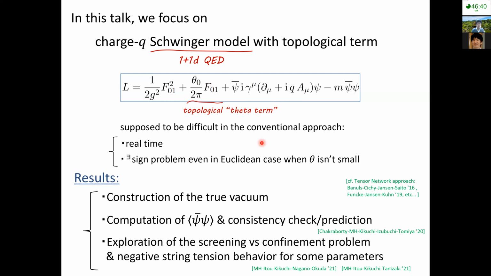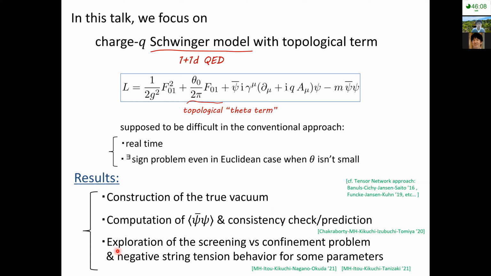And concretely, we got the following results. First, we constructed the vacuum or ground state of the lattice version of this system, and we computed the expectation value of the fermion mass operator in the continuum limit, and we got results consistent with previous calculations and with predictions.